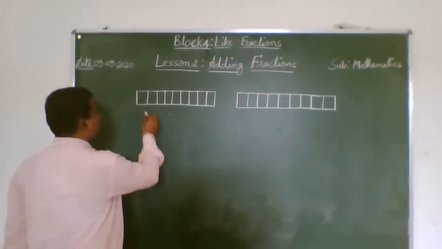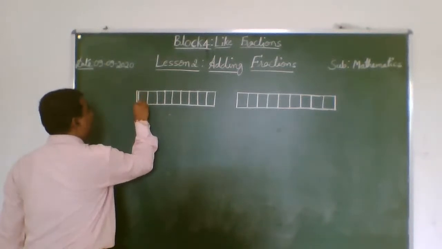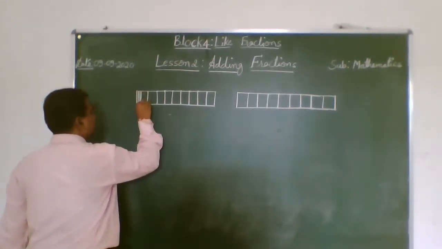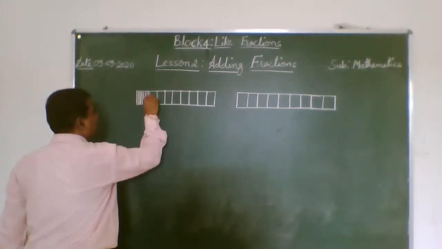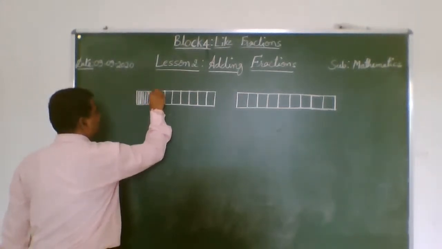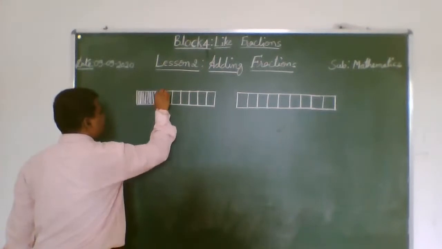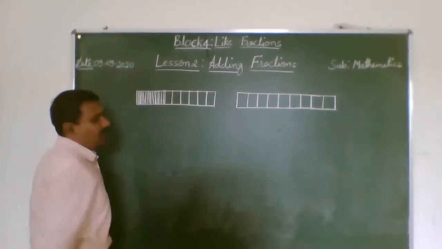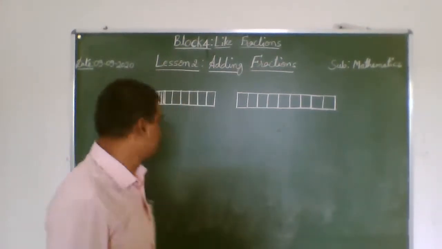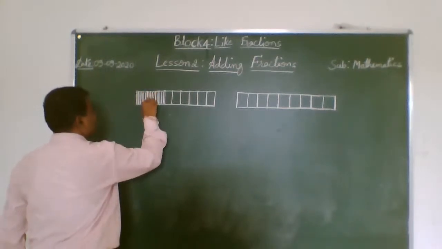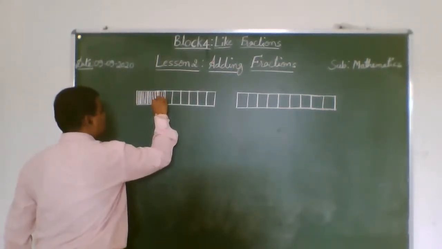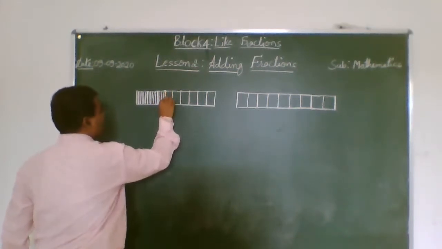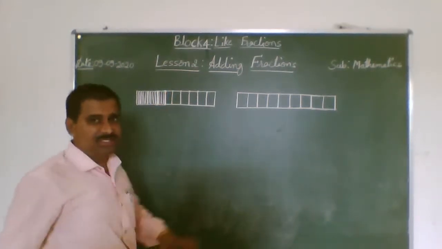Suppose, for example, I will shade with straight lines the first 3 boxes. I have shaded the first 3 boxes, right? First box, second box, and third box. 3 boxes are shaded.